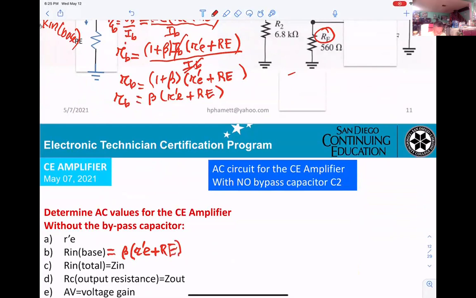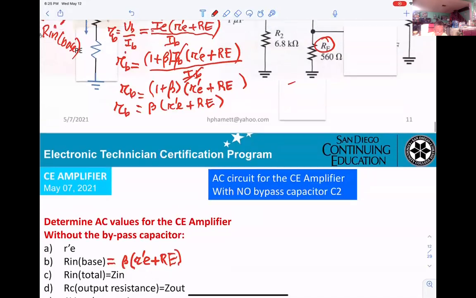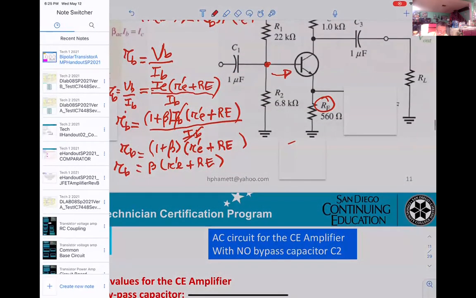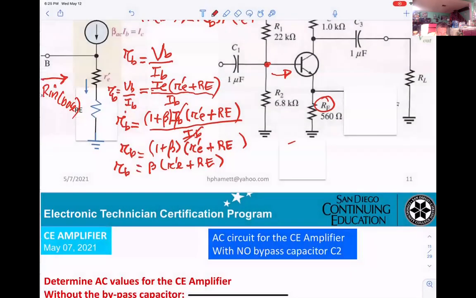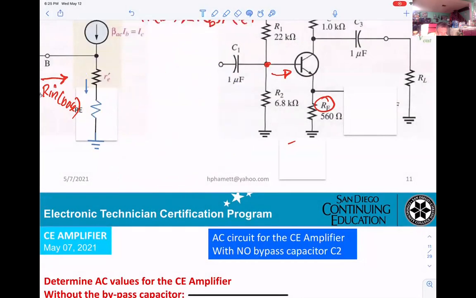My question is, now they want to get the total impedance, okay? Now they want to look at Z in total.